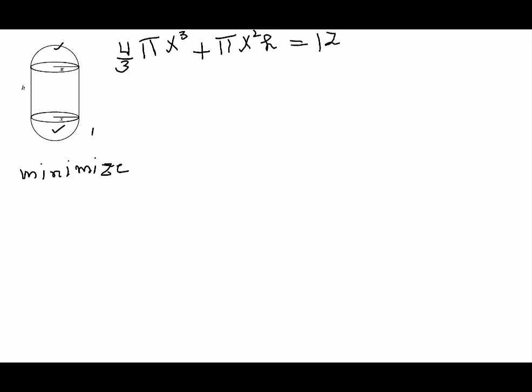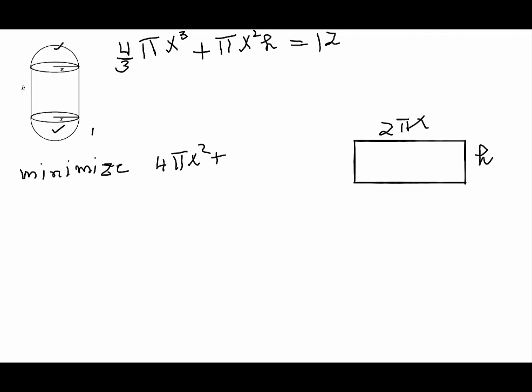Surface of a sphere of radius x is given by 4 pi x squared. And we just have to look at the wall of the cylinder. If we cut and expand it, you will get a rectangle with altitude h, and this side will become just the circumference of this circle, which is 2 pi x.